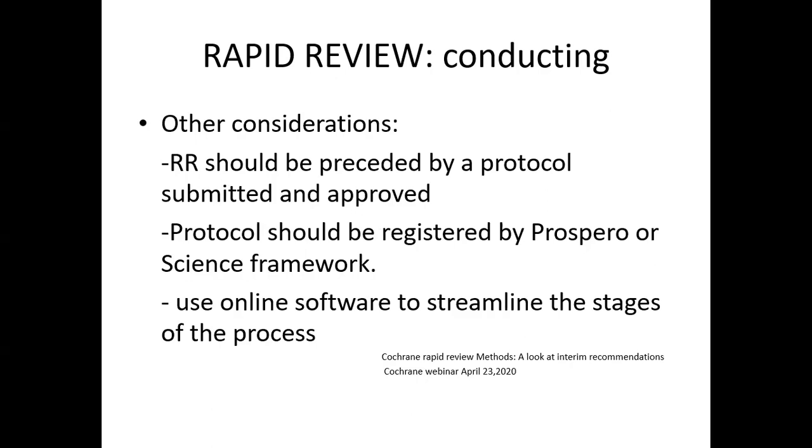Other consideration, a rapid review should be preceded by a protocol submitted. So it's a part where you don't have enough time, but a protocol is needed for a rapid review, especially if you are working with Cochrane, you need to submit that protocol. The protocol should be registered by Prospero and the Open Science Framework. Use online software to streamline the stages of the process. Next.